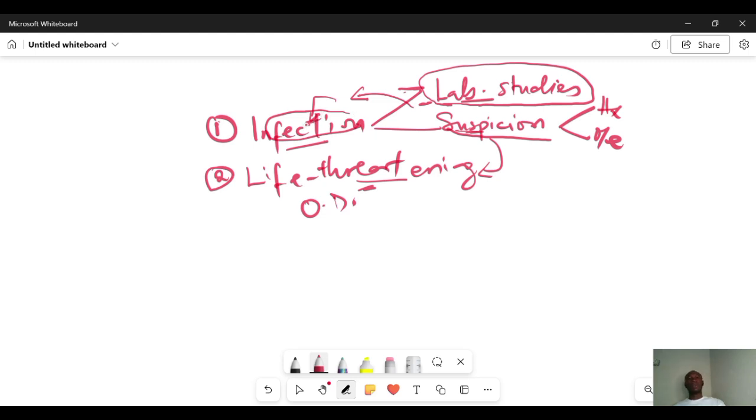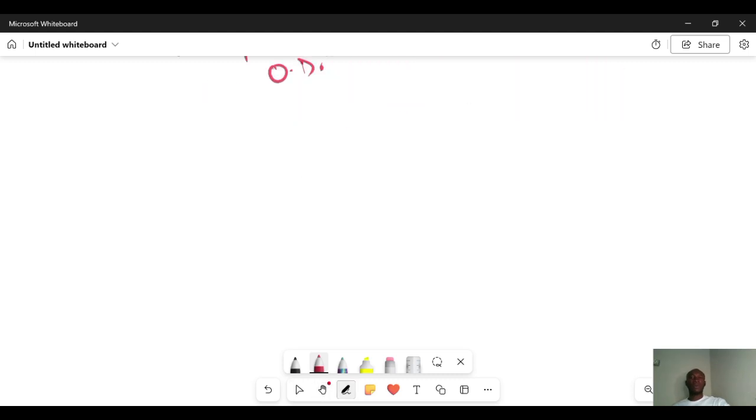So as we mentioned earlier, for sepsis to occur, there has to be a focus. This focus just means there has to be a window through which these microorganisms can gain access into the body. The most common is lower respiratory tract infection, pneumonia.